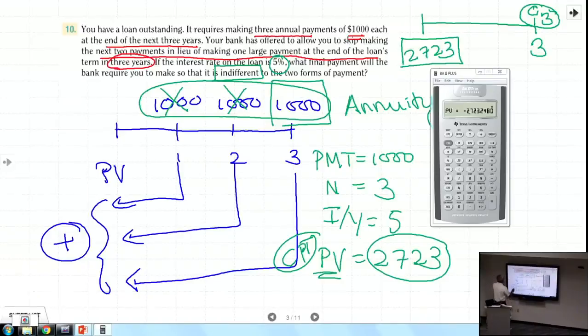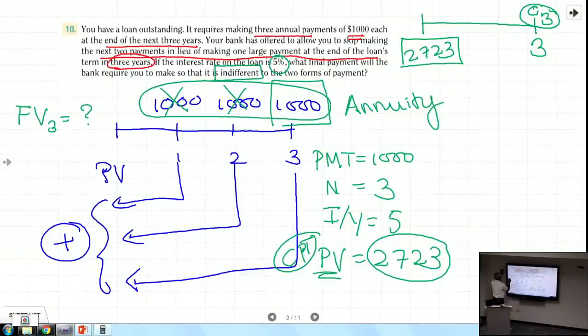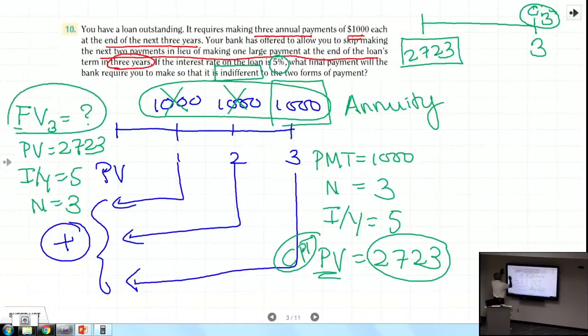So essentially the problem then is, I have a future value in year 3 that I do not know. I have to compute. The present value I know is 2723. IY is 5% and N is 3. So I have to compute future value.